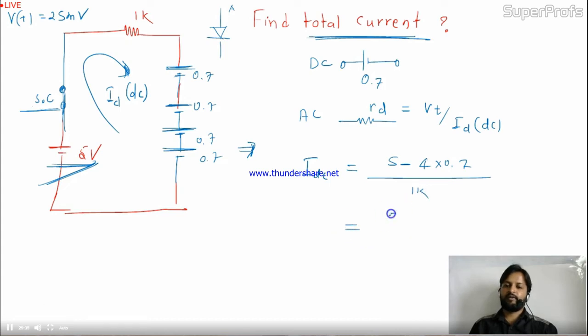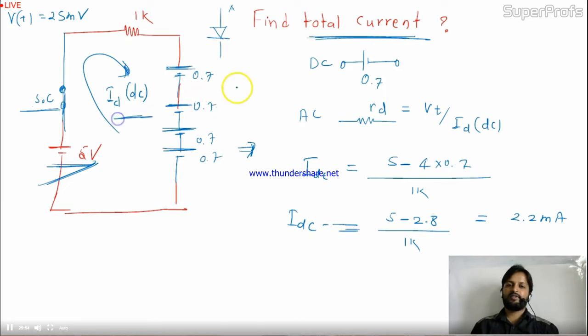Is it okay? So this is 5 minus 2.8 divided by 1K. So this is 2.2 milli. So 2.2 milli is your I_D DC. Okay, so your DC part is completed. You need the total current. One part is over, that is the DC current, and the DC current you got is 2.2 milli. So this part is over.